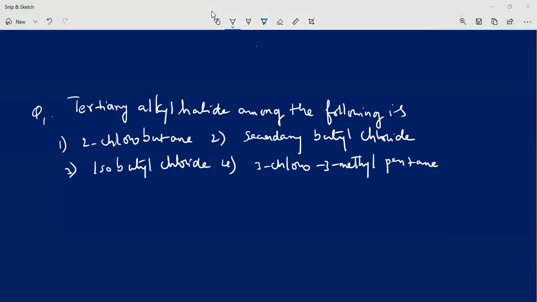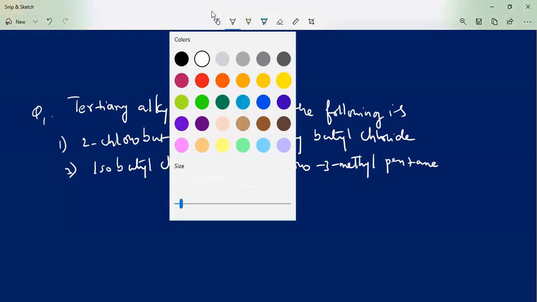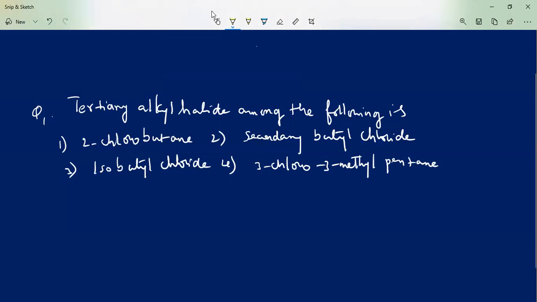Dear students, whenever a question is given like that, you must remember what kind of answer should be given. Representation of the structures is most important. 2-chlorobutane means there are 4 carbons, and on the second carbon we have chlorine. So it is secondary butyl chloride. This is also the same, secondary butyl chloride.